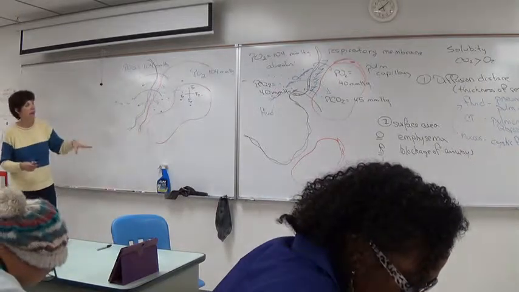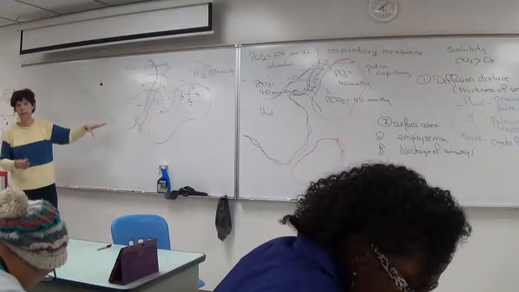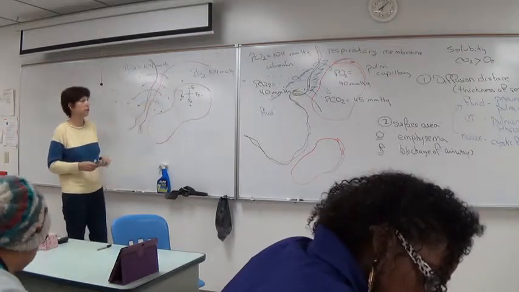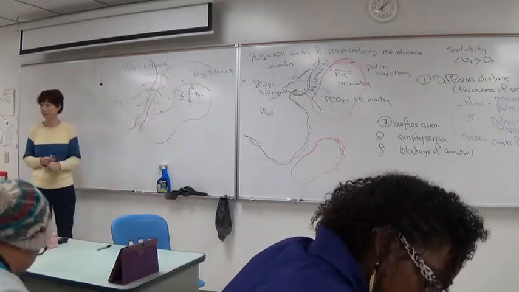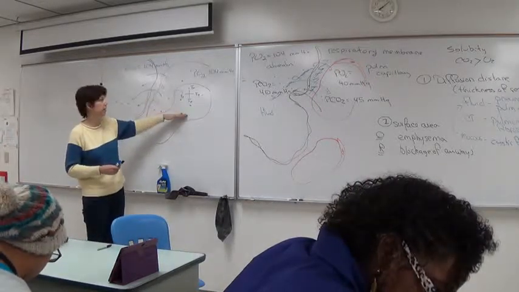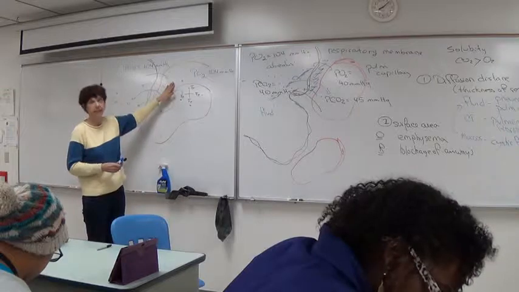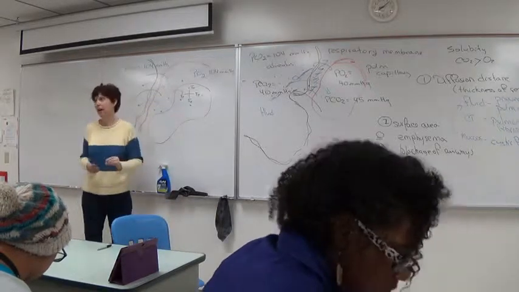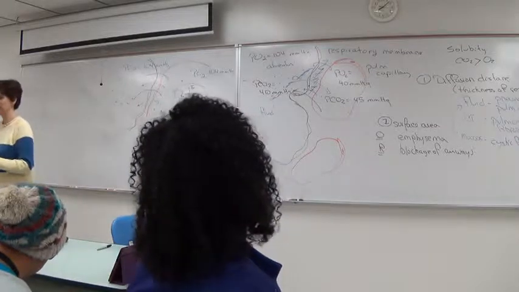We're not going to have 100% saturated hemoglobin if we don't have a maximum amount of oxygen dissolved in the plasma. So the drive for oxygen to move into the hemoglobin, into the red blood cell, is a high PO2. That's what keeps the oxygen bound to the hemoglobin.